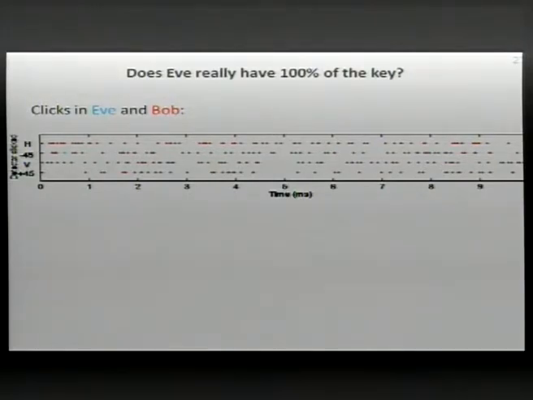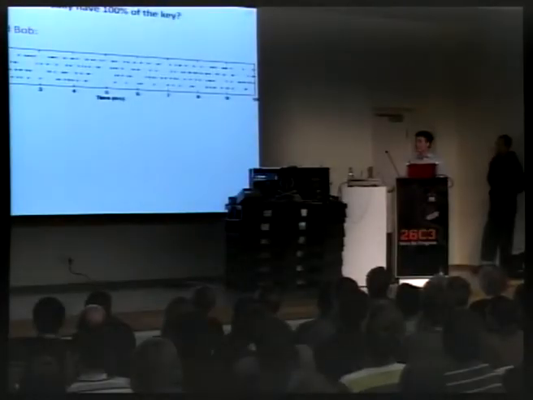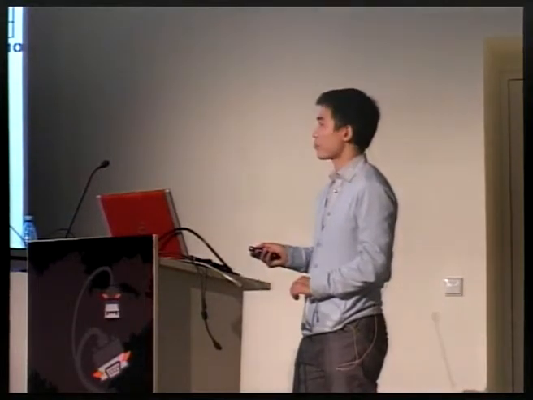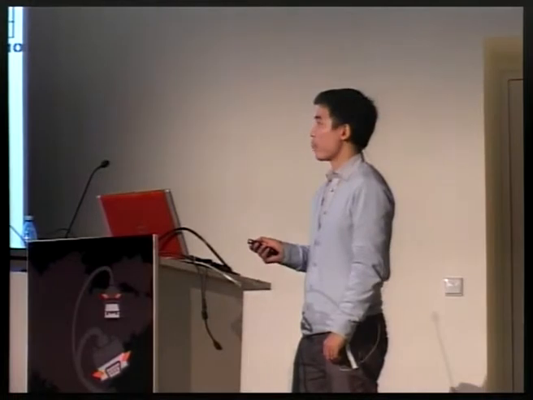So every click in Eve has launched a click in Bob. Also, this is a good correlation. Some of you have already noticed that there are a few clicks in Eve but not in Bob. But this is not a problem because after the transmission, Bob will reveal the timing information, and he will reveal at which time he has received a click.